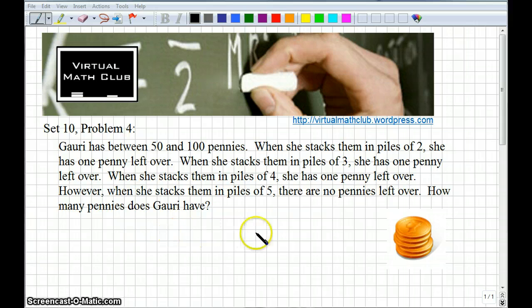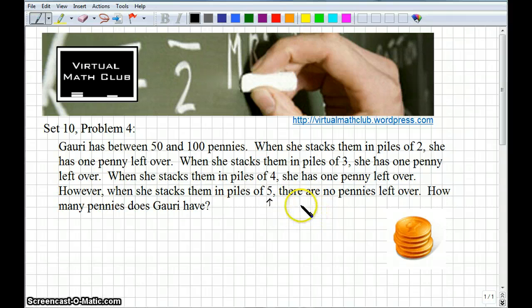I suppose I should give you a hint first, right? It all comes down to the divisibility rules. And probably the first thing you should look at is that when she piles these pennies into piles of 5, she has no pennies left over.